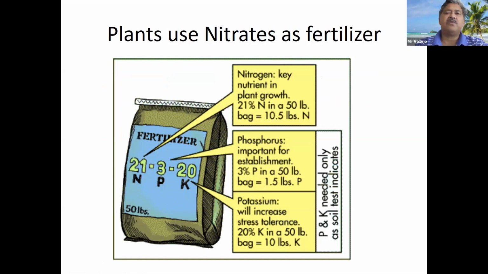Here's a graphic that shows you some of the numbers on fertilizer bags. You'll see something like that, but you see that first number talking about the nitrogen in the mixture in the fertilizer, and so some types of plants will need more nitrogen than others.